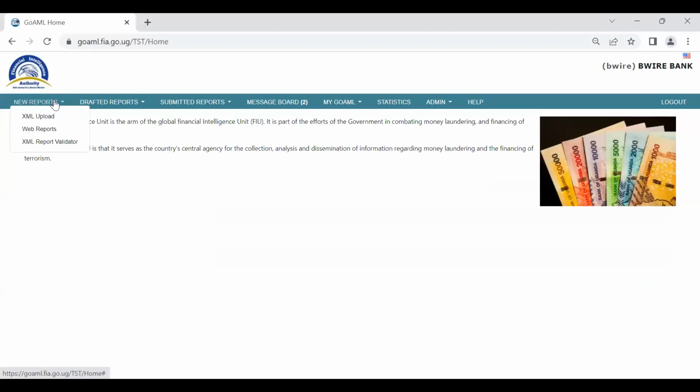So yes, I was saying under new reports, XML upload, this is where you upload the files downloaded from your system, as will be provided by your system providers. Okay, that's Blueprint, ForexPrint, and others with your respective system.